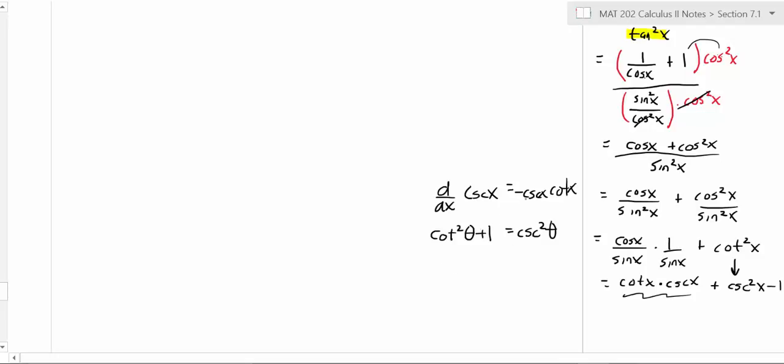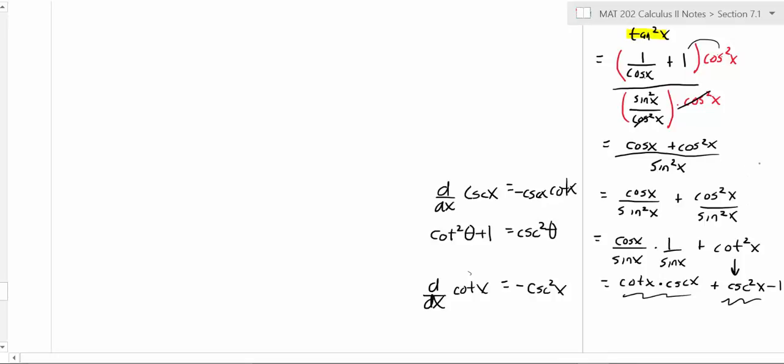Now, why is that important? Well, because there is a trig function that we differentiate. Namely, if you do the derivative of the cotangent of x, you get negative cosecant squared x. So that's something that we can integrate, and then of course we can integrate 1.